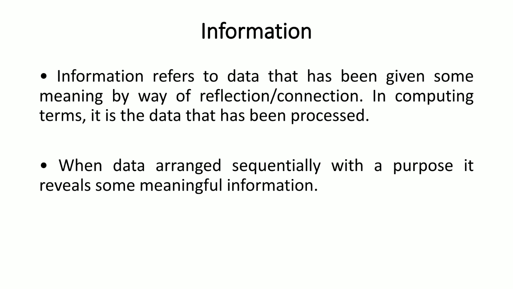In computing terms, it is data that has been processed. Data is unstructured, while information is in a structured form, and from that we get some meaning. When data is arranged sequentially with a purpose, it reveals meaningful information. When we arrange information in the form of graphs or charts, we get meaningful information.